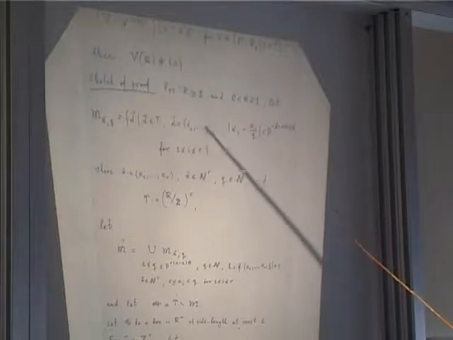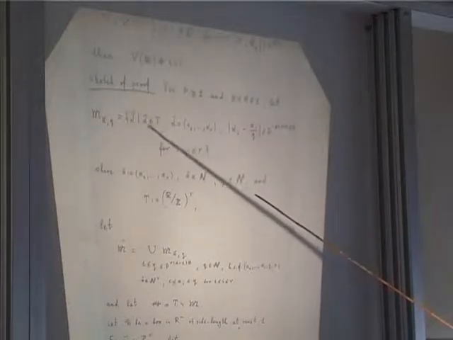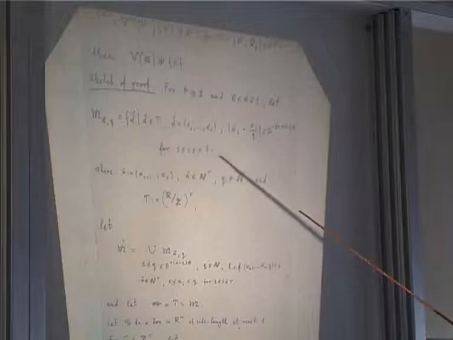I remember writing it, it was just taken for granted. And so with these two parameters, one defines the major arcs M sub A,Q. So A is a certain sequence of natural numbers, and Q is, of course, a natural number.